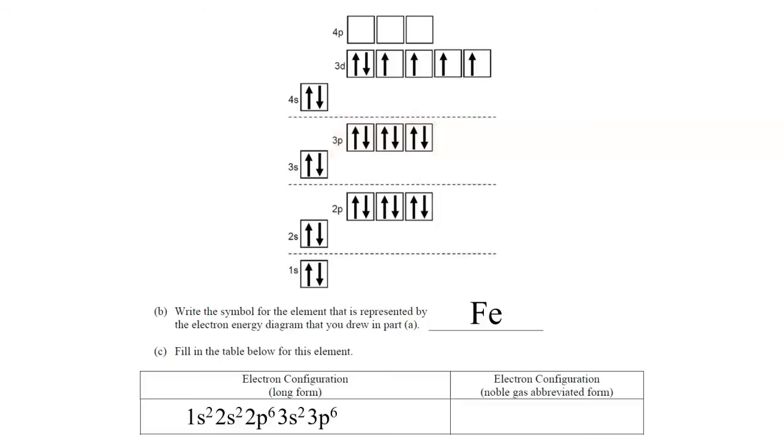The next level would be 4s2, and then I can see 6 arrows in the 3d sublevel, so I will finish off this electron configuration with 3d6.